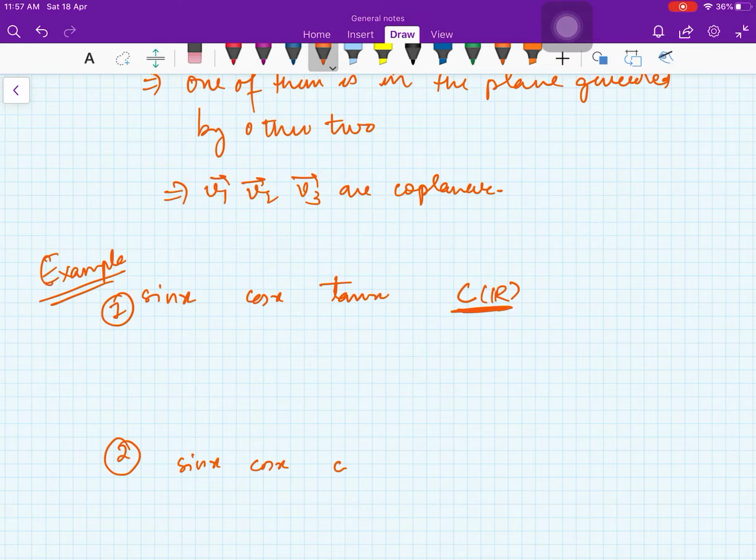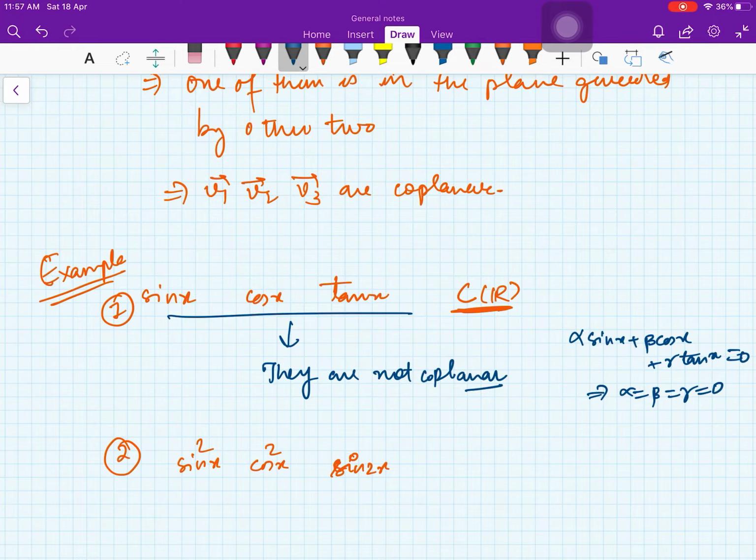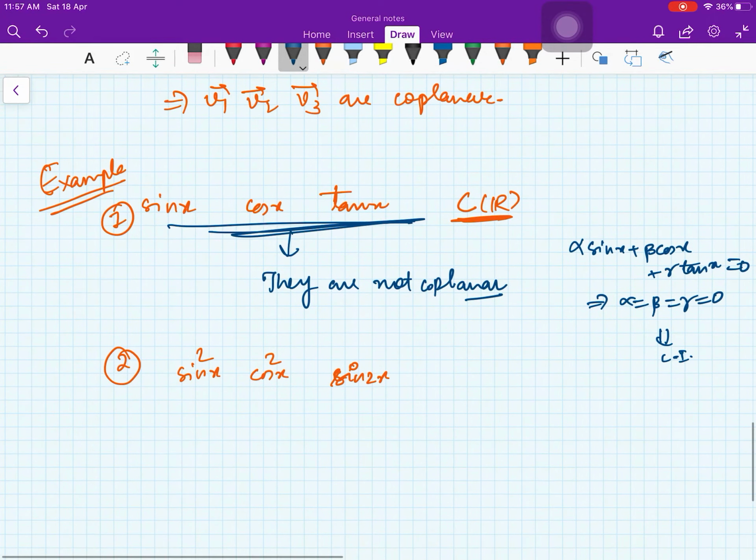Now you see that they are not coplanar, because whenever you have alpha times sin x plus beta times cos x plus gamma times tan x equal to 0, this will always imply alpha equals beta equals gamma equals 0. So they are actually linearly independent vectors.